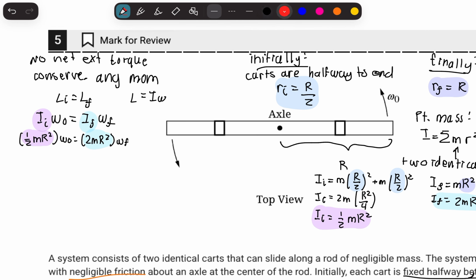So what we can do here is cancel out that m r squared, and we'll write what we have next. 1/2 omega initial equals omega f. Omega f is equal to omega initial over 4.